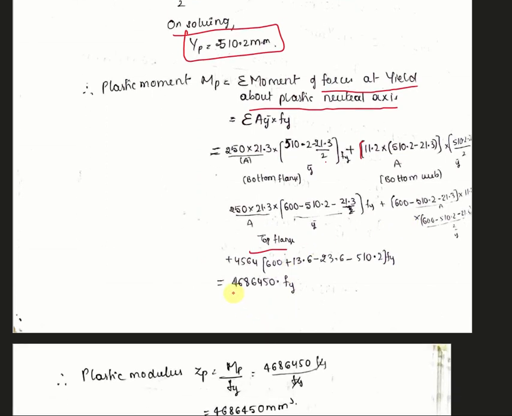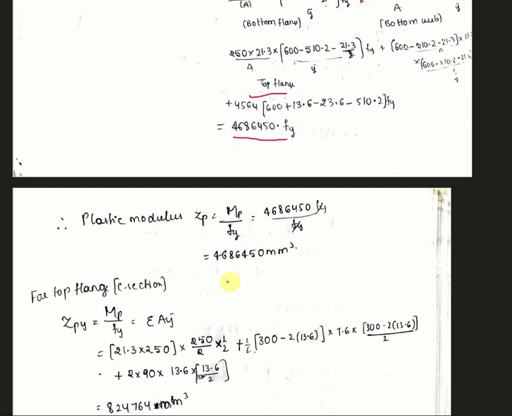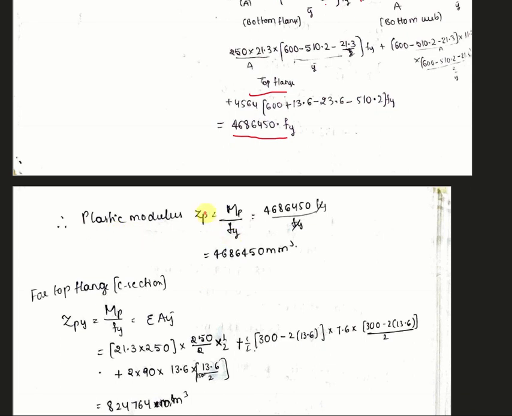So what we get is 4686450 into Fy. Now let us find the plastic modulus, which is MP by Fy, as the obtained value by Fy. Simply Fy is gone. That is only for reference.